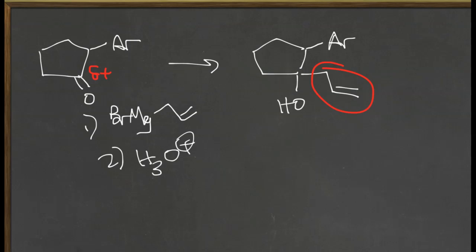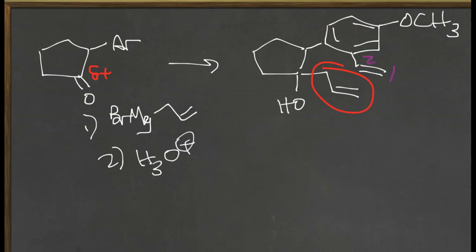Now I have to erase and put my aryl group back in, because now I have to see what's happening here with my Grubbs reagent. So what I have is, let's change this to something bright. 1, 2, 3, 4, 5, 6, 7, 8, 9.